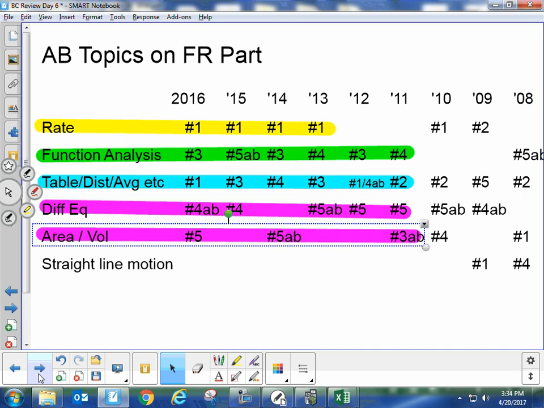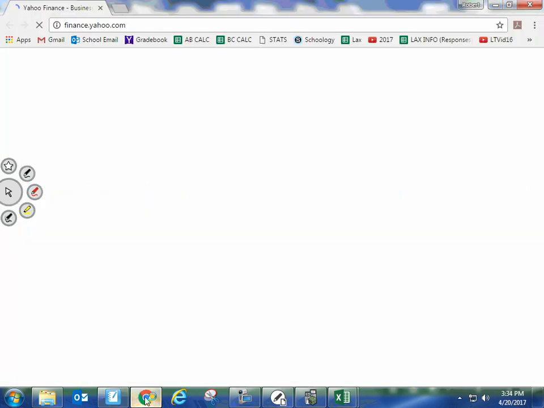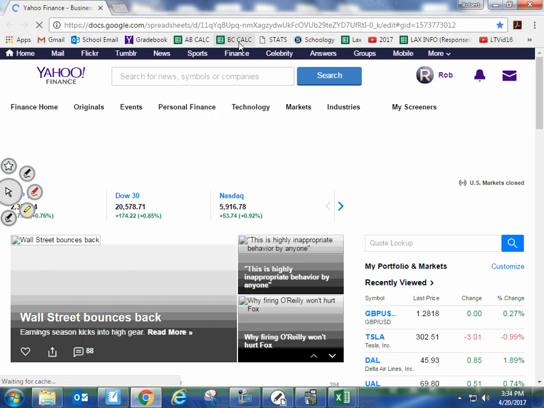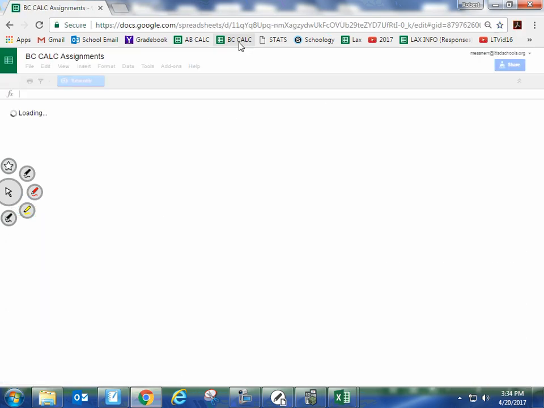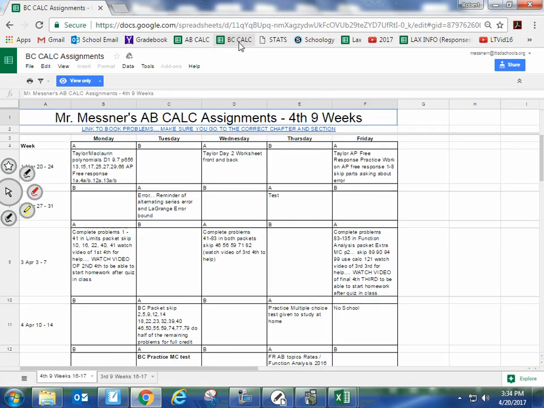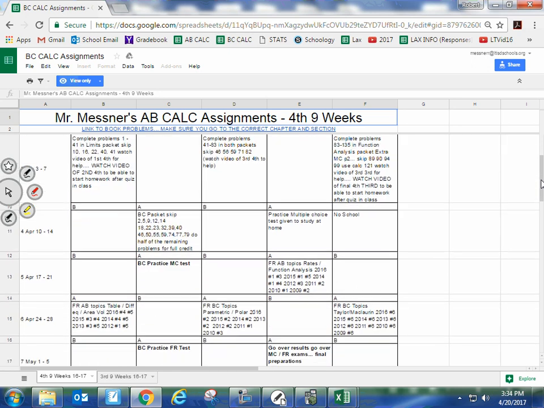Okay? We will be splitting this up into sections. And I'm wanting your opinion on the order of the sections. Right now, I have it split up so that we are doing AB material, and then I have a day for parametric polar, and then I have a day for Taylor-Maclaurin.